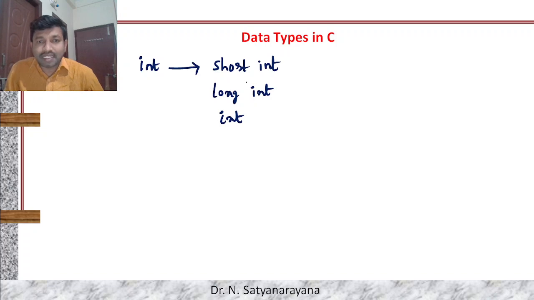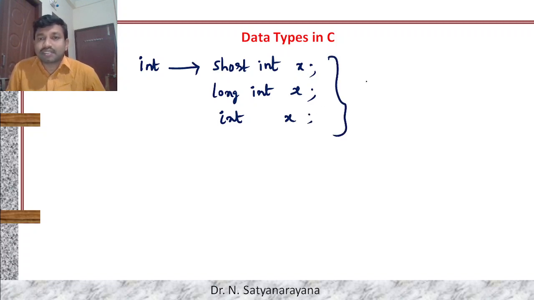By applying the keywords short and long, we simply allocate the memory for the variables. You can define a variable as short int x or long int x, or you can say int x. And to this you can apply the signed keyword, which represents positive and negative.